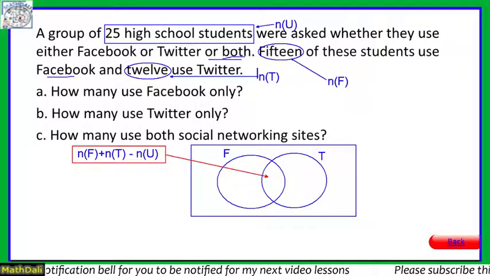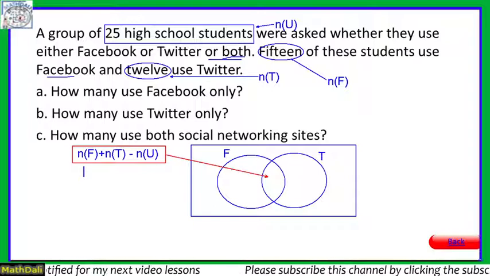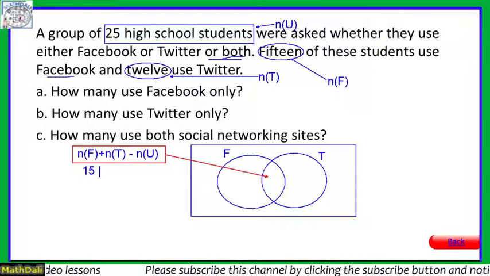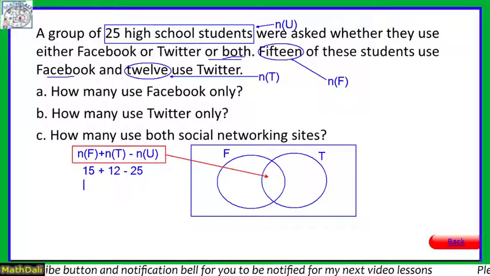Substitute na natin yung ating cardinal number ni F, that is equal to 15 plus cardinal number ni set T, that is 12, minus yung cardinal number ng ating universal set or yung ating total number of student, that is 25. Yan.